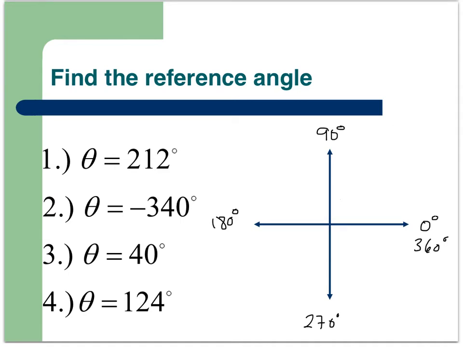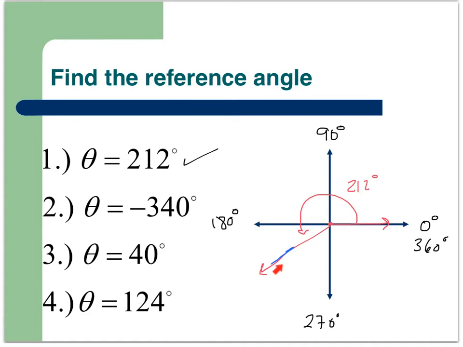And I know, so for the first one, this 212, I'm going to go ahead and graph this, just a general picture here. And so we always start on the positive x-axis. I'm going to rotate counterclockwise, and this would be approximately 212 degrees. And so the reference angle is the rotation from the terminal ray, which is this guy right here, okay?